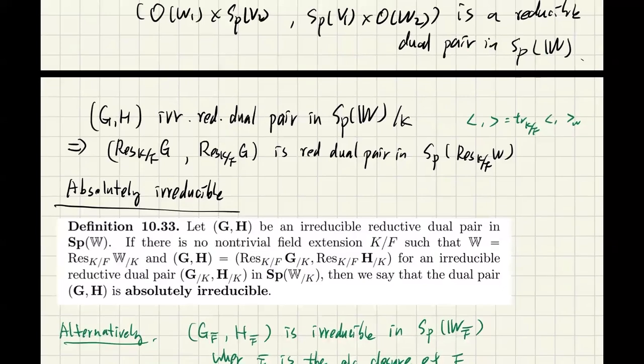So the situation is that if you have K, an extension field of F, and if you have any dual pair inside Sp(W), where W is defined over the field K, you can do the restriction of scalars construction so that you will have an algebraic group, restriction of scalars from K to F. This is a group over F. This is also a group over F.